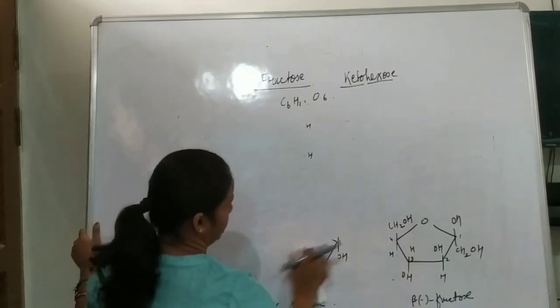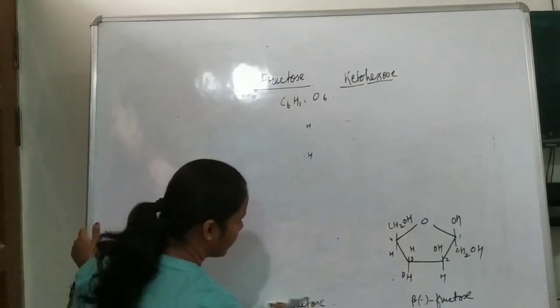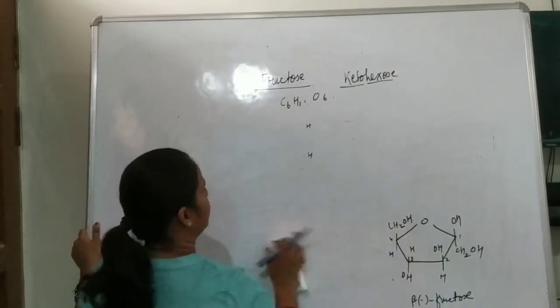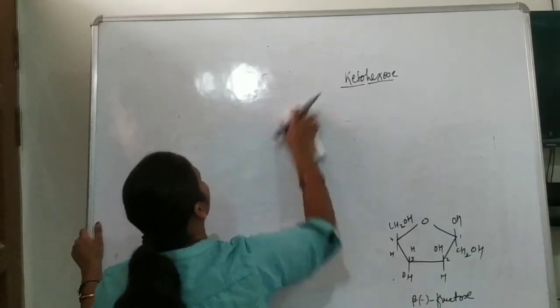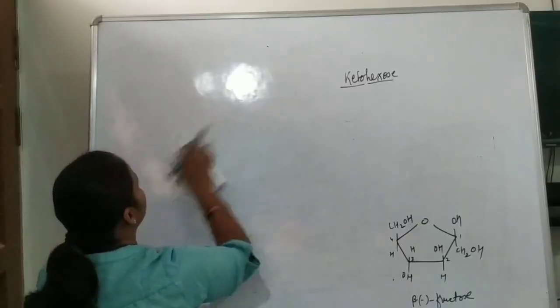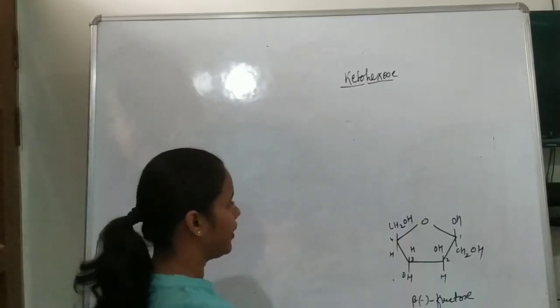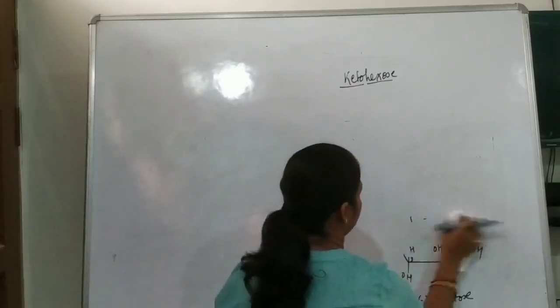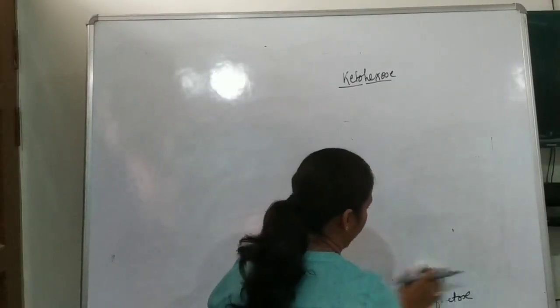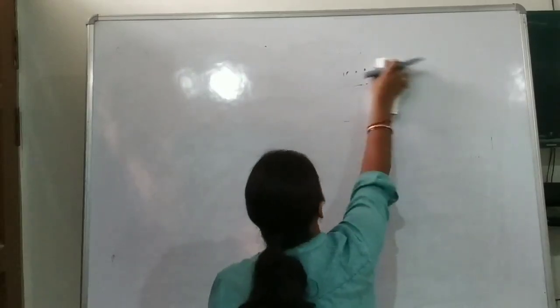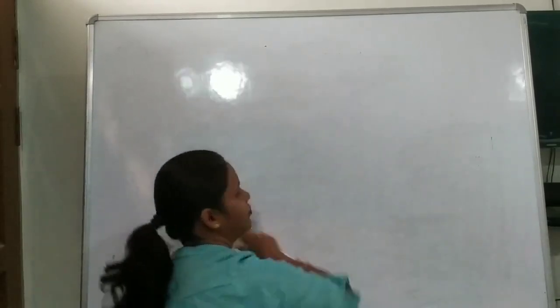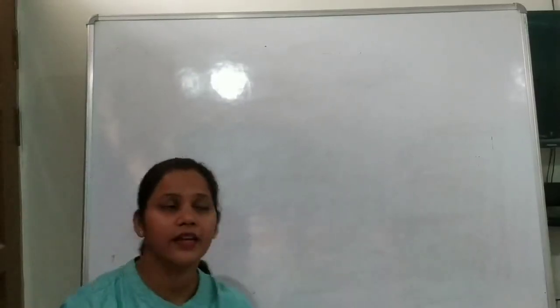They can be disaccharides, trisaccharides, tetrasaccharides, and many more. So when two monosaccharide units combine together by a glycosidic linkage, they are known as a disaccharide.